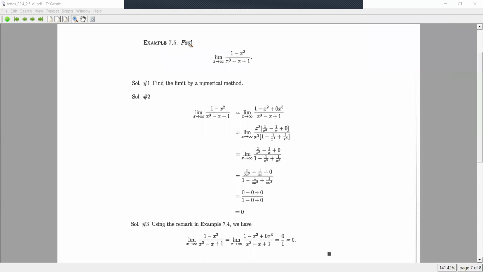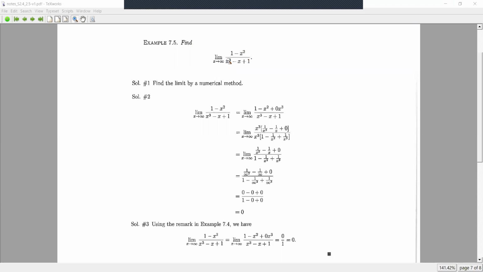Example number 5. Find this limit. This is a limit at positive infinity. The function is a polynomial over a polynomial. These two polynomials have different degrees. The degree on the top is 2, and the degree at the bottom is 3. As x approaches positive infinity, 1 minus x squared should approach negative infinity.